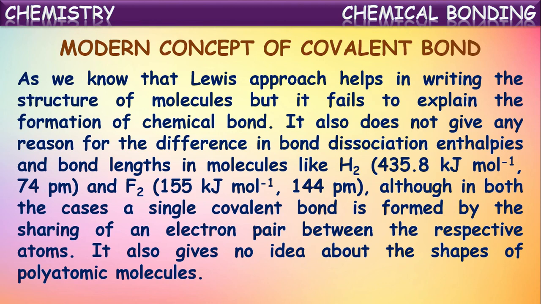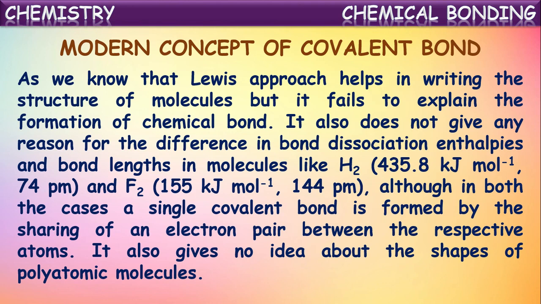It also does not give any reason for the difference in the bond dissociation enthalpies and bond lengths in molecules like hydrogen and fluorine. If you observe, in both cases we can observe a single bond, isn't it? In the hydrogen molecule, there is a single bond between two hydrogen atoms.